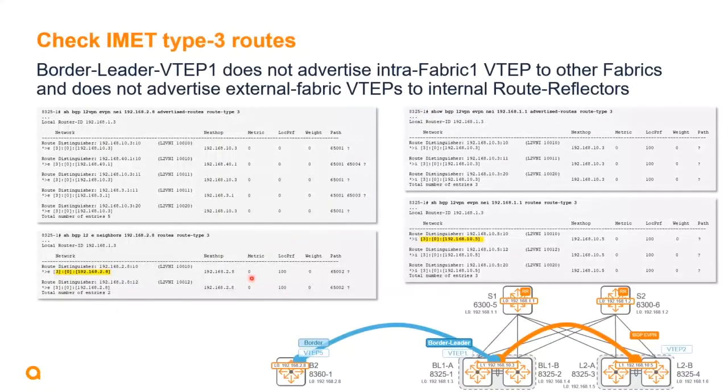So again, I was talking about those route type 3 yesterday, but here, this is the check that we are doing. Border leaf VTEP1 here does not advertise the type 3 routes that are intra-fabric 1 to the other fabric.